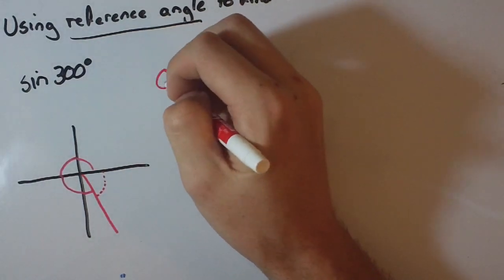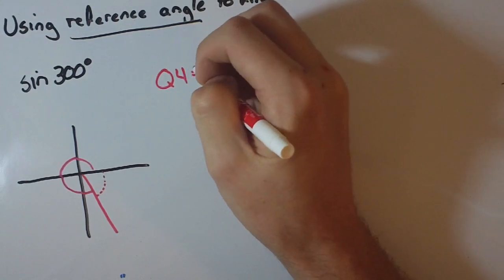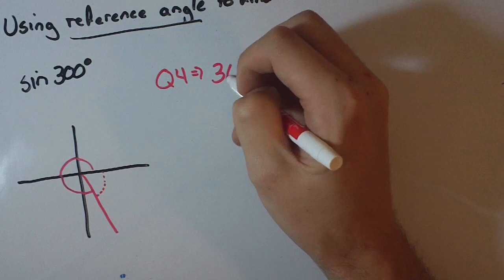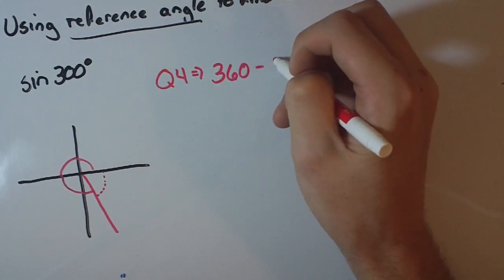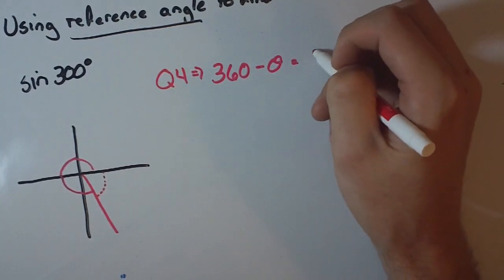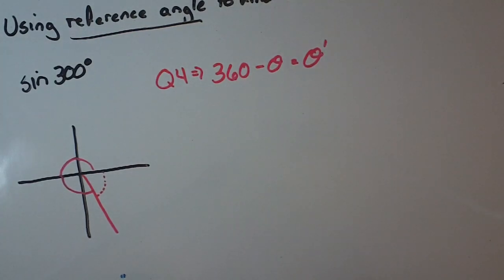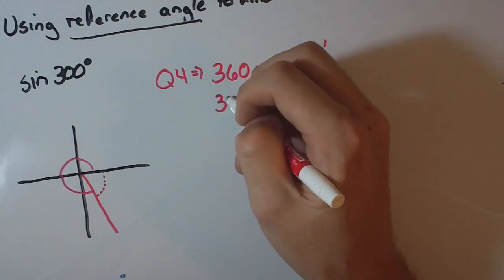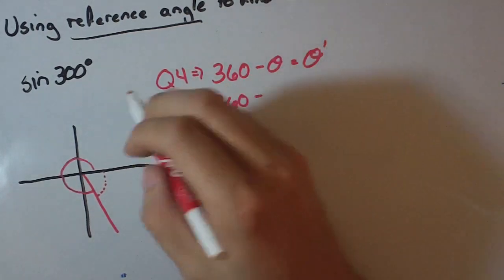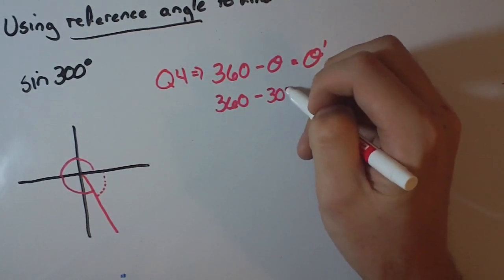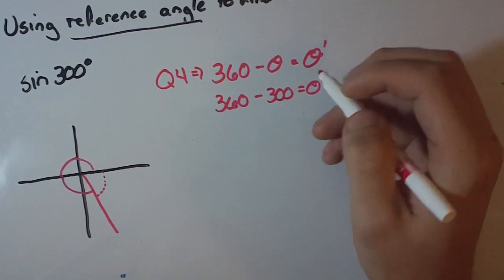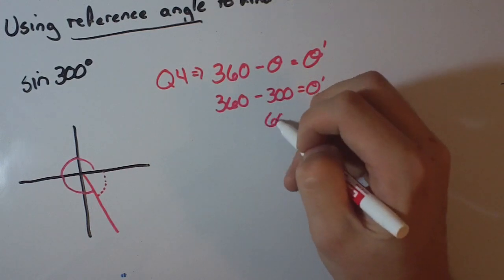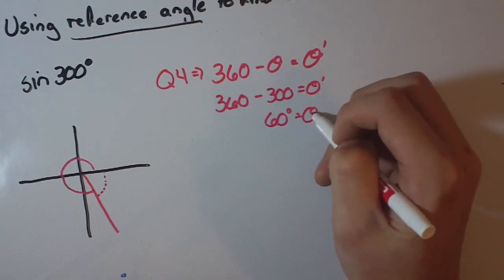Now for quadrant number 4, we can use 360 degrees minus theta equals our reference angle theta prime. So we can plug in our angle, 360 minus our angle of 300 degrees equals theta prime. 360 minus 300 is 60 degrees equals theta prime.